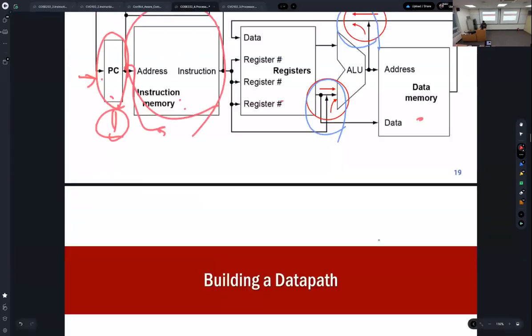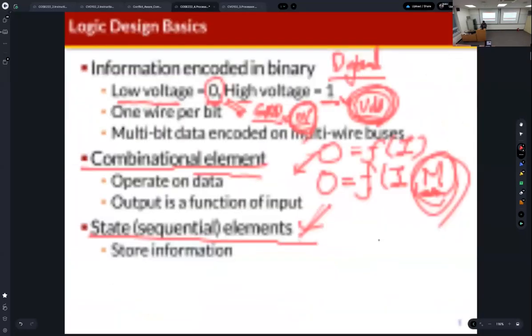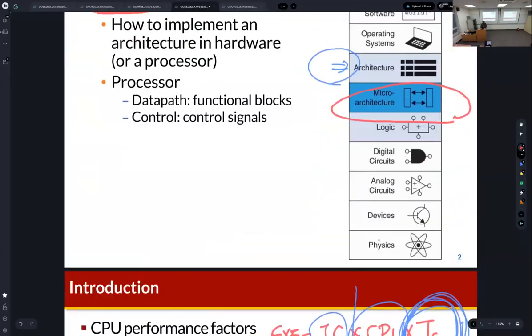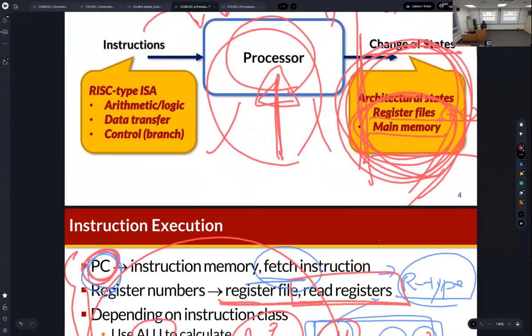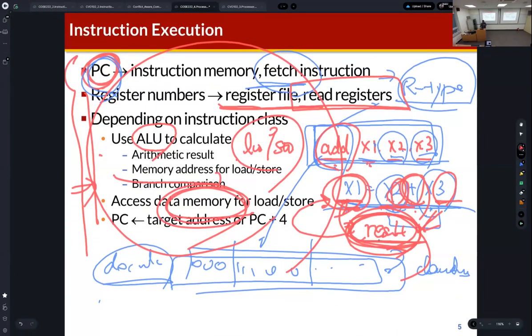Also, in the previous class, we learned which steps are required for executing instructions, right? Do you remember? Like this, instruction execution. In this slide, I explained that in order to execute an instruction, these steps are required.